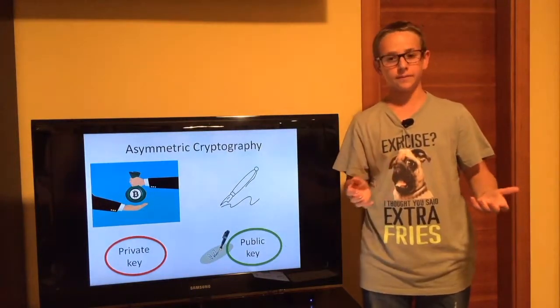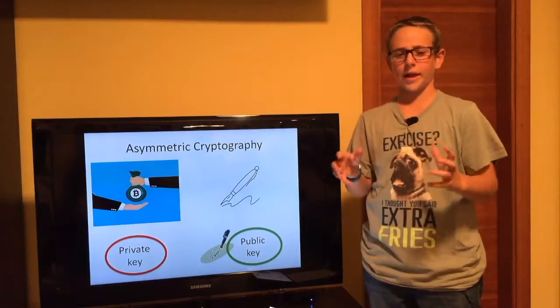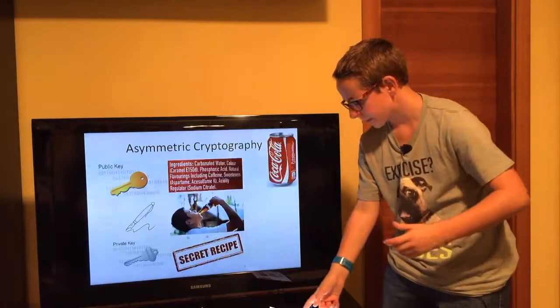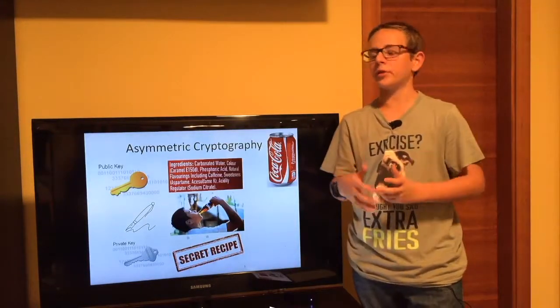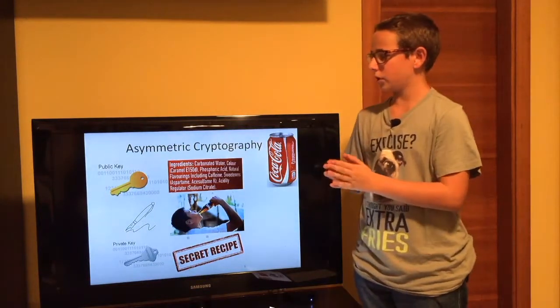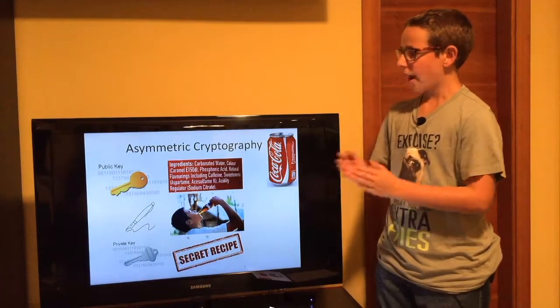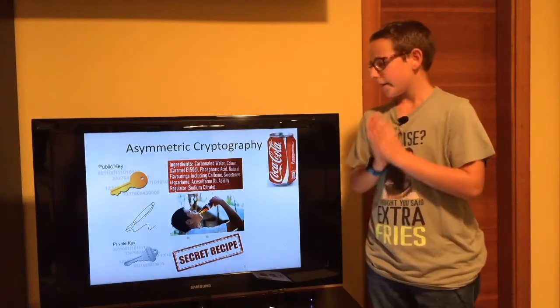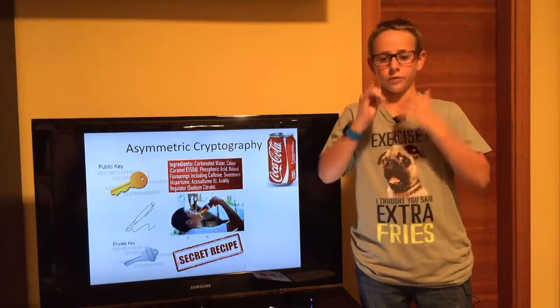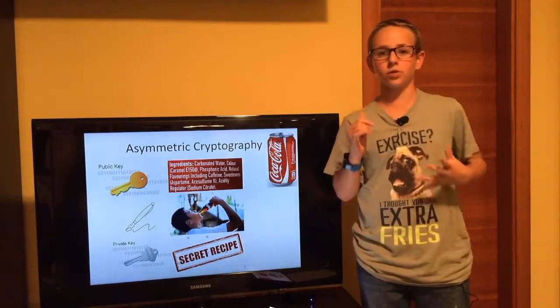An example that helped me understand asymmetric cryptography is comparing it with Coca-Cola. What do I mean? Well, everyone knows your public key in Bitcoin, but also in Coca-Cola, everyone knows its ingredients. When you drink Coca-Cola, you can taste it, you can see it, and you can understand it's Coca-Cola.